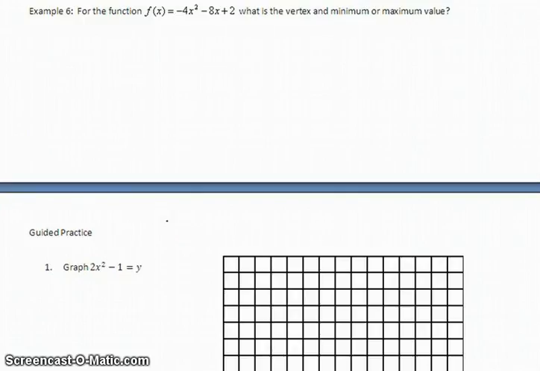Looking at f of x equals negative 4x squared minus 8x plus 2, first determine, do I open up or down? It's going to open down. My parabola will open down because my a value is negative. So does that mean I have a maximum or a minimum?